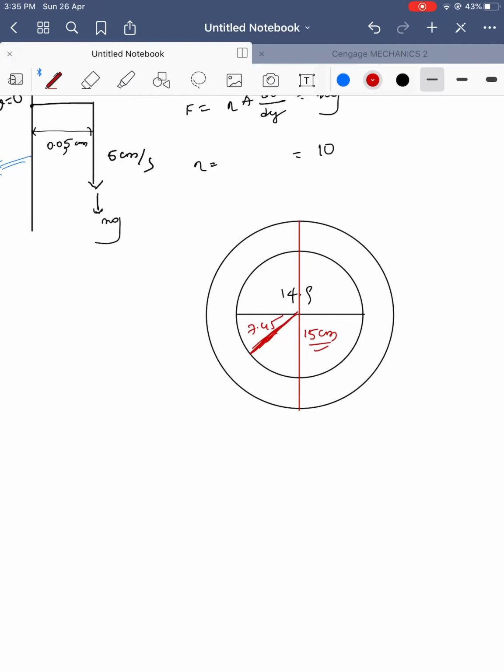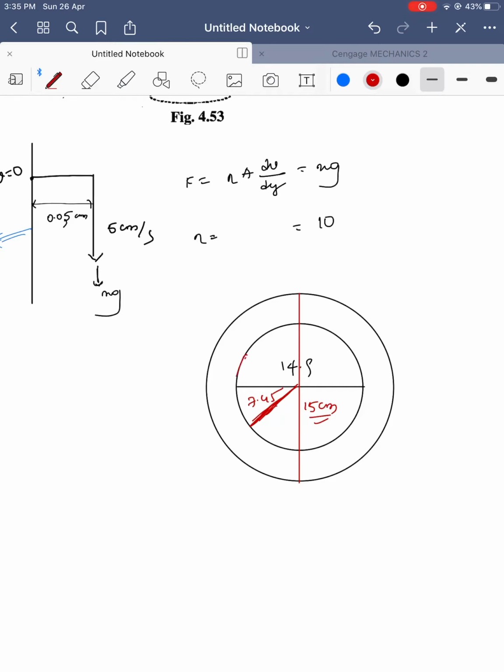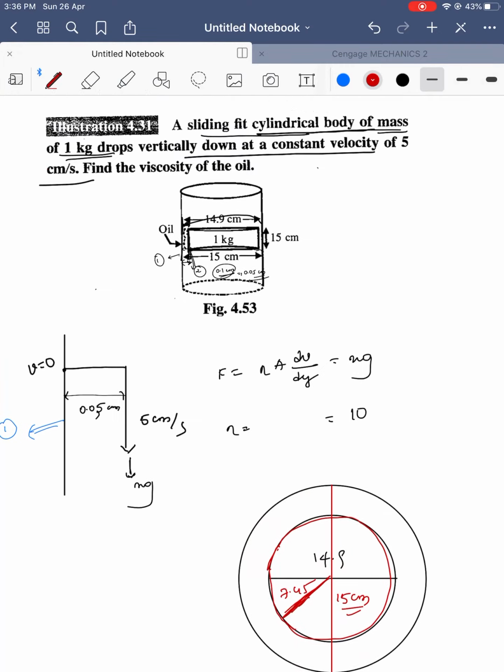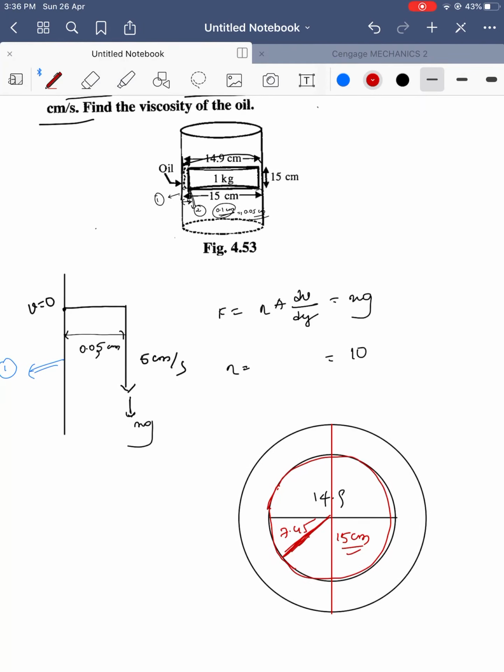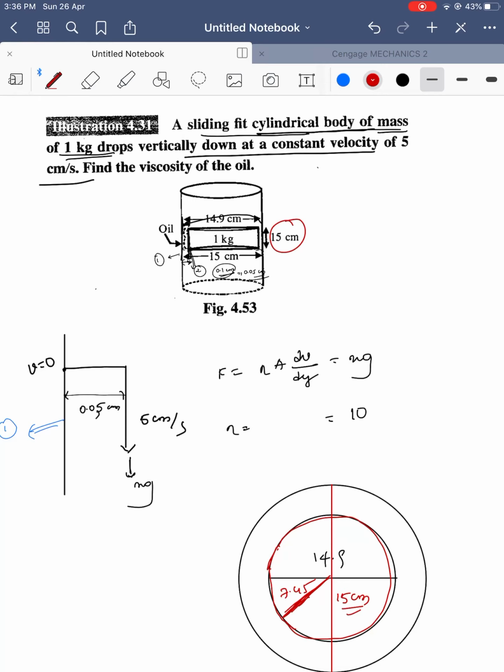7.45. Okay, 7.45 into the perimeter, the area of the cylinder. So we can write it as a cylindrical body, I'm sorry, it's a cylindrical body. So the area is pi r square or 2 pi r into L, as the length is given. He has given 15 centimeter.